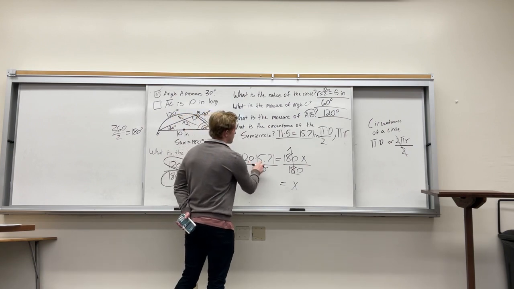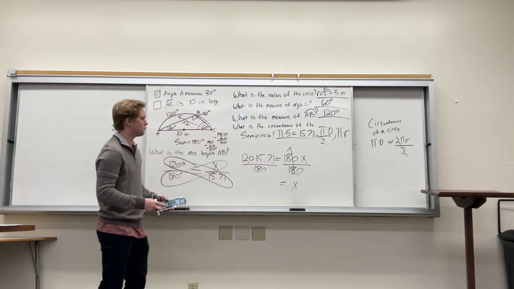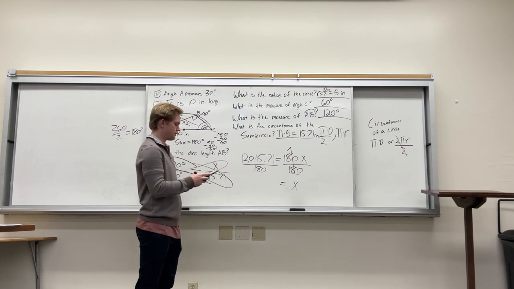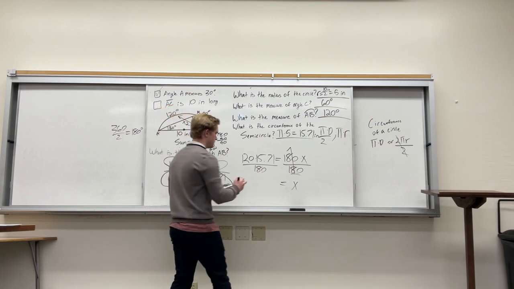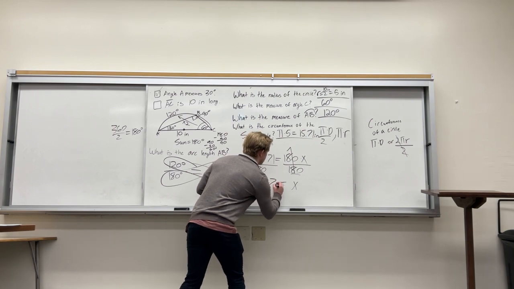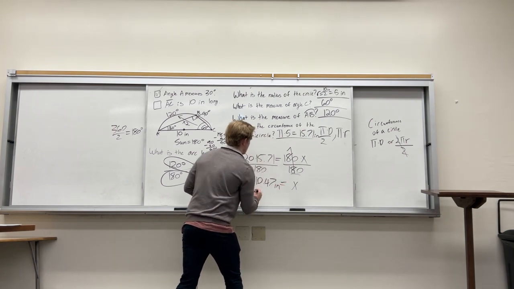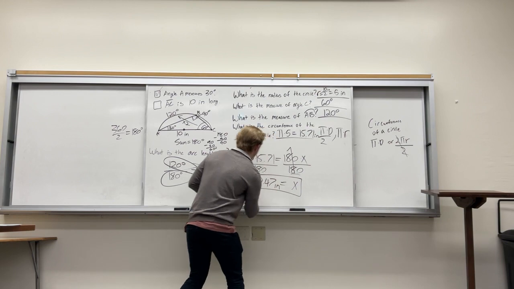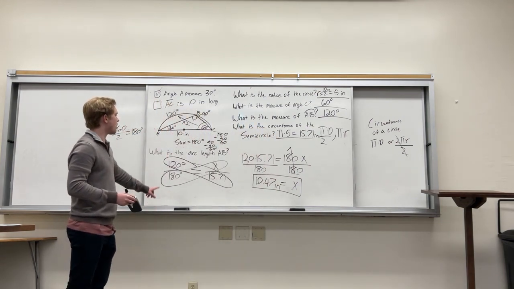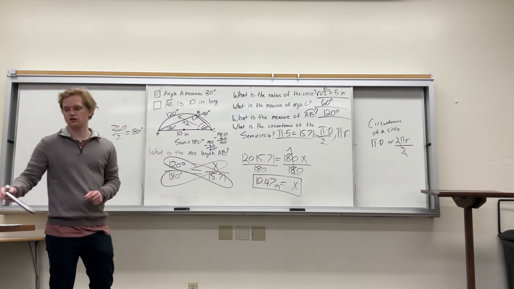So 120 times 15.71, all divided by 180, will give us the value of 10.47 inches. Now that is our answer. And that is how we solve for the arc length of a semicircle.